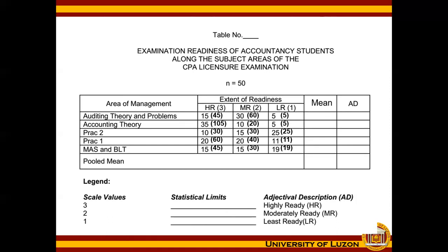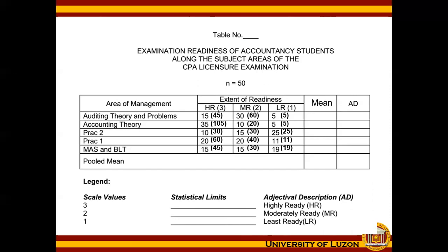Mean, by the way, is the measure of central tendency that is after the computation of the average. So the formula for mean is the summation of the numbers and the values divided by the total number of sample.